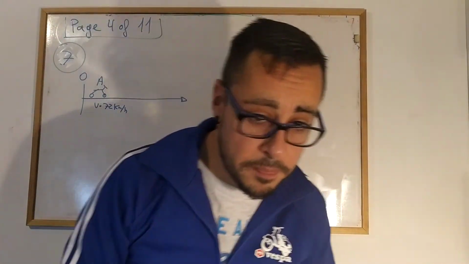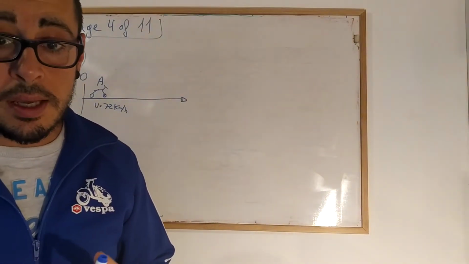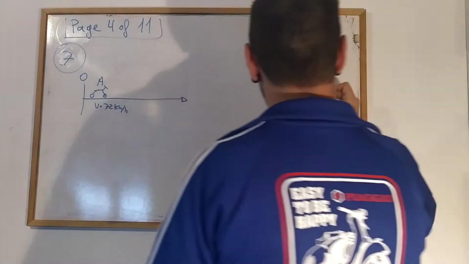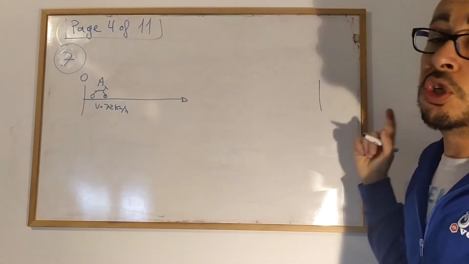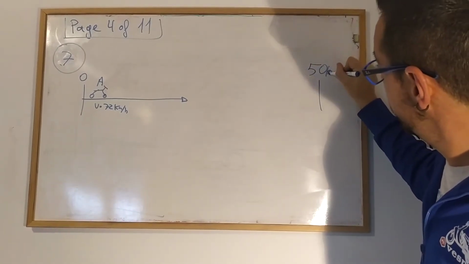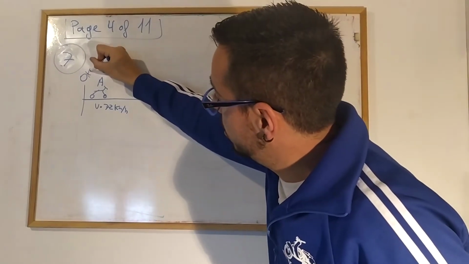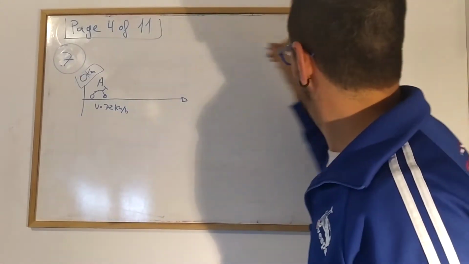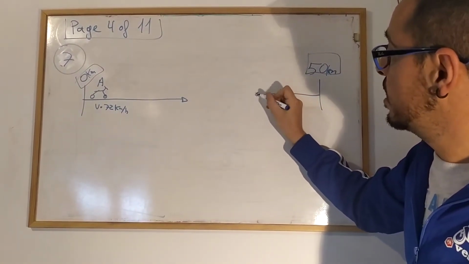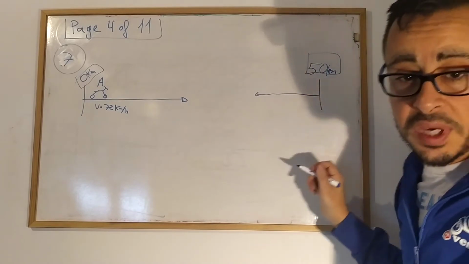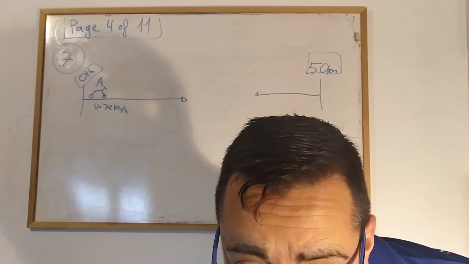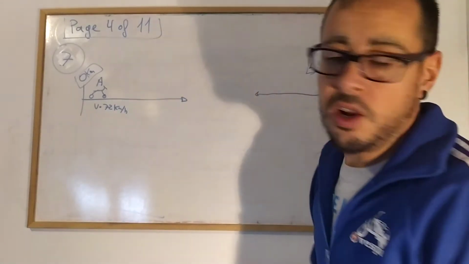And at the same time, another cyclist B is placed 50 kilometers in front of A, okay? So here, position is going to be 50 kilometers, okay? And here is 0 kilometers. And it's going to approach the other cyclist with a speed of 36 kilometers per hour.